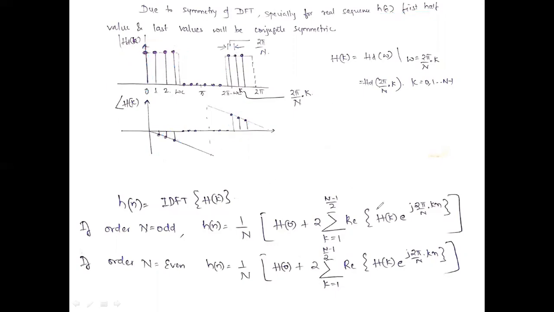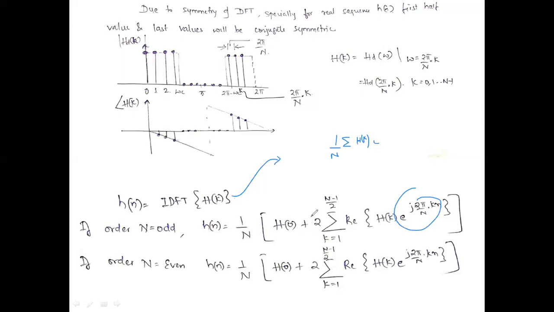What is the expression for the IDFT? It is 1 by N, the sum of H of k e to the power j 2 pi by N into kn. The minus sign is missing because this is the expression for the IDFT.